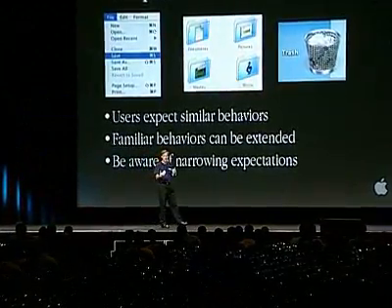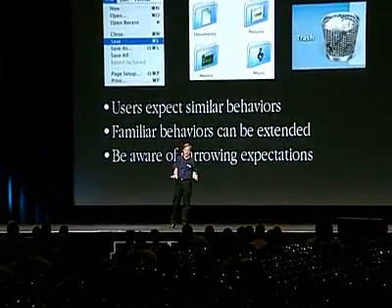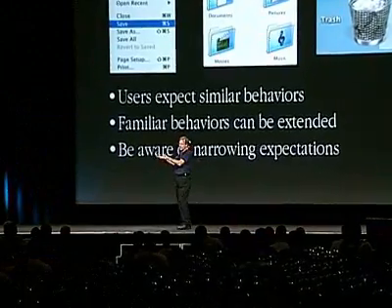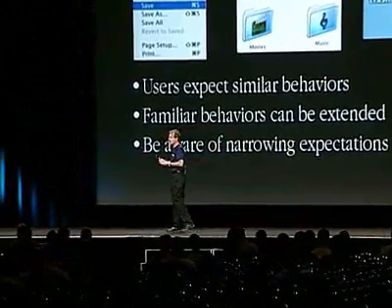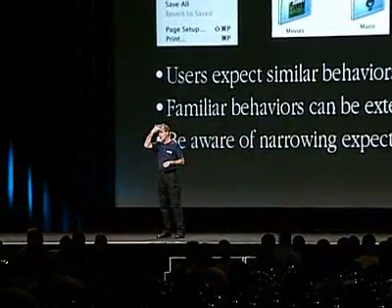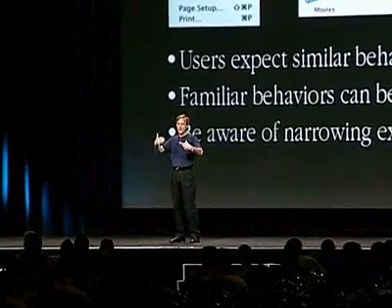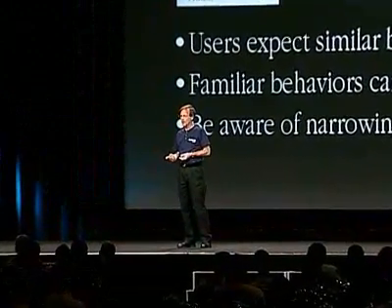But of course, when we do that, we typically add function, because we can do things in computers that these real objects can't do. And that's good. You want to build on the metaphor the extra function that you want to provide. But keep in mind that that metaphor may restrict the user's expectations. For example, and this is a classic difficulty with early users of Macintosh, the trash can is a good metaphor for getting rid of things.